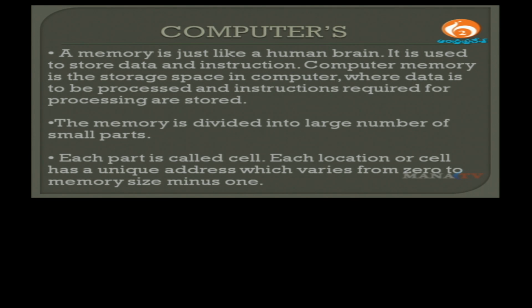What is the third point here? If you can see, each part is called a cell. Each location or cell has a unique address which varies from 0 to memory size minus 1.